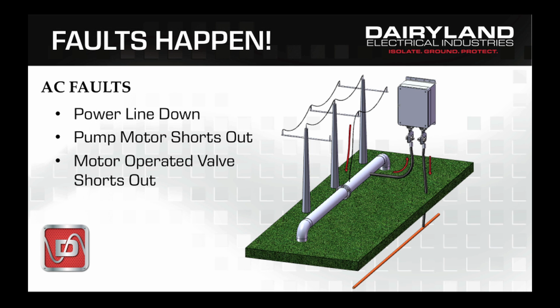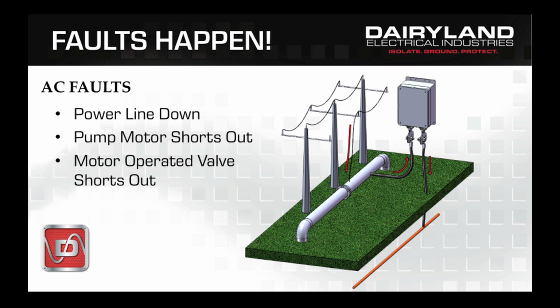Let's talk about AC faults that can happen. If we're operating a pipeline and we're located underneath overhead power lines, or we're connected in any way to a potential source of AC power, we need to be able to deal with something bad that could happen.